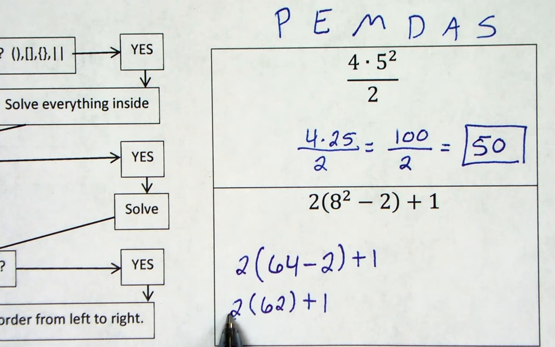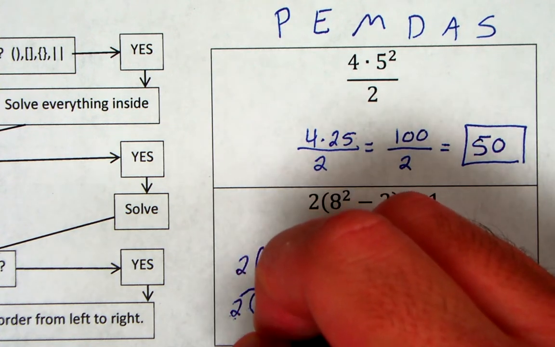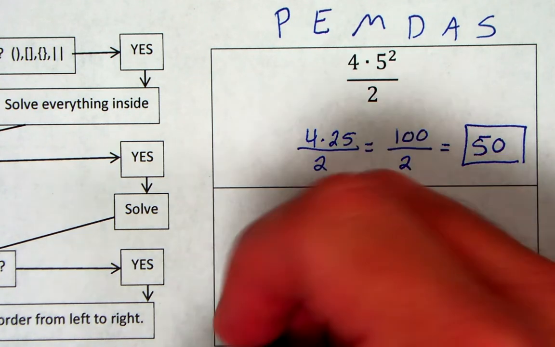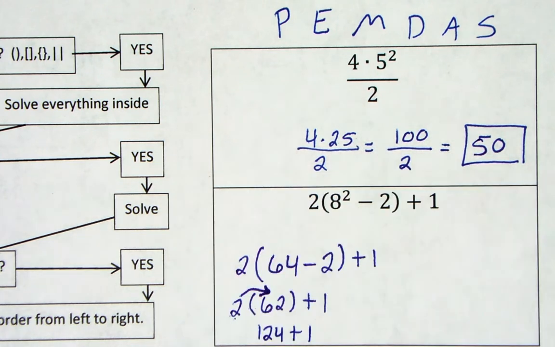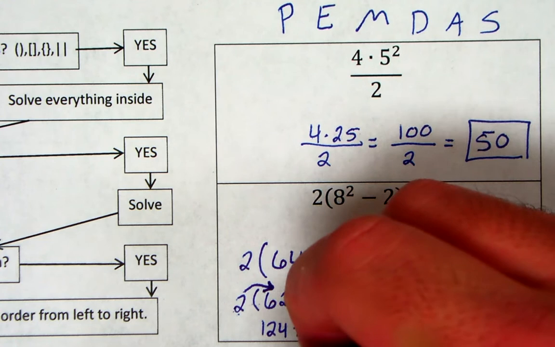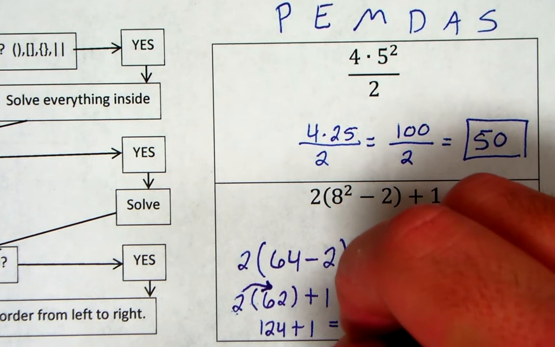You see how this number right here is attached to the parentheses? It means I'm going to have to multiply. So what is 2 times 62? That's 124. Oh, very good, sir. It is 124. And now add 1 to it. That's 125. 125 is the correct answer. And we are done.